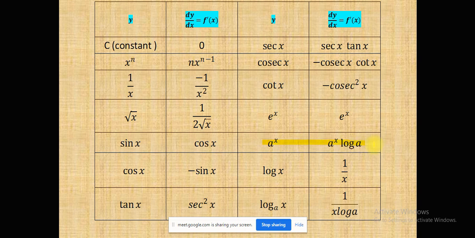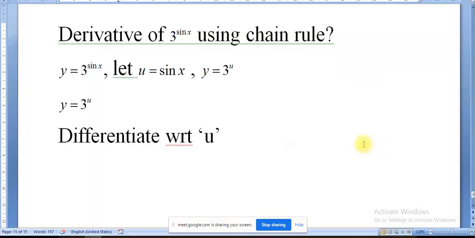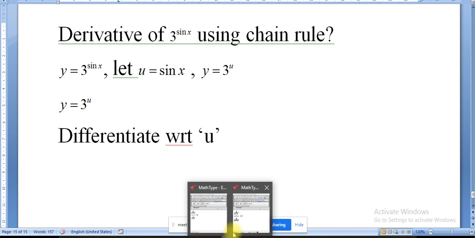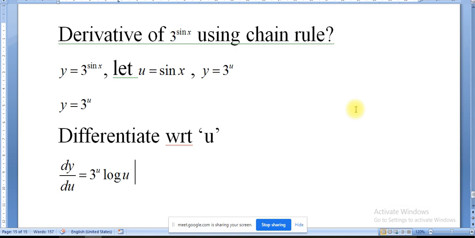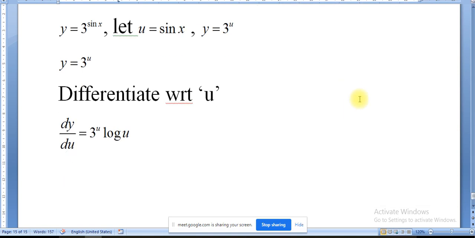So the derivative of 3 raised to u is 3 raised to u into log 3. Now this is all about dy by du.